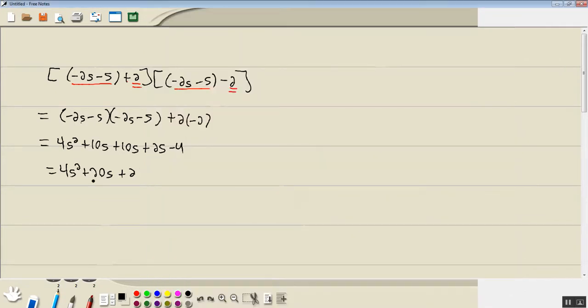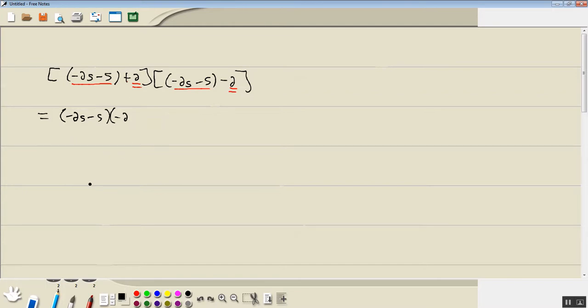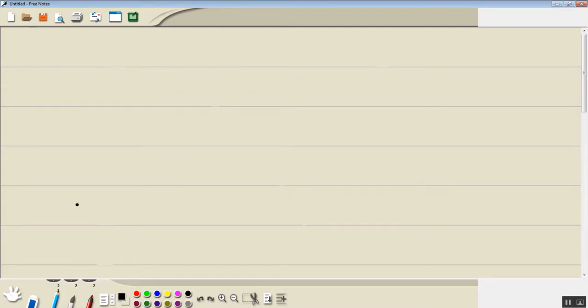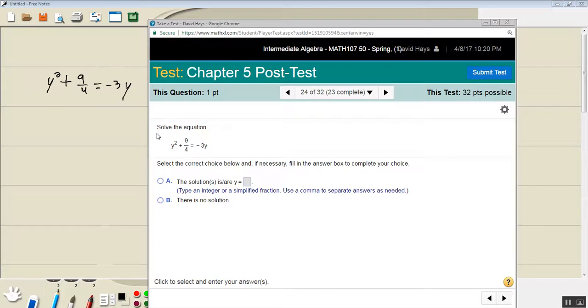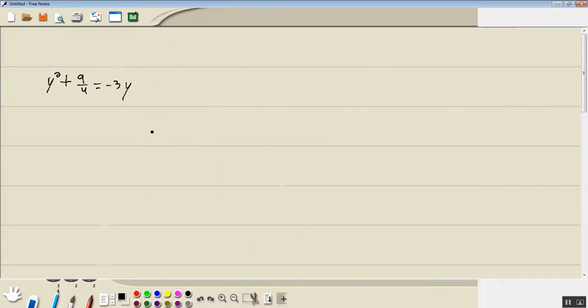Solve the equation. You clear this off. Then we got y squared plus 9/4 is equal to negative 3y. Now, first off, it doesn't matter where we are in math. If you're solving an equation, you always want to get rid of fractions. I think that's a true statement.